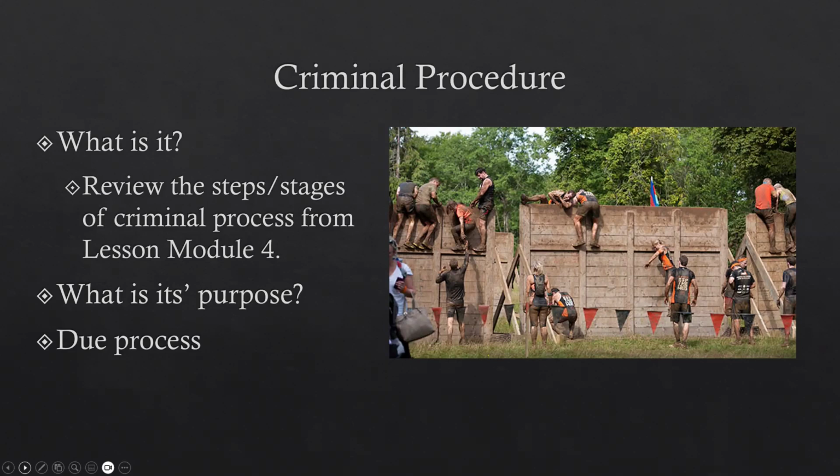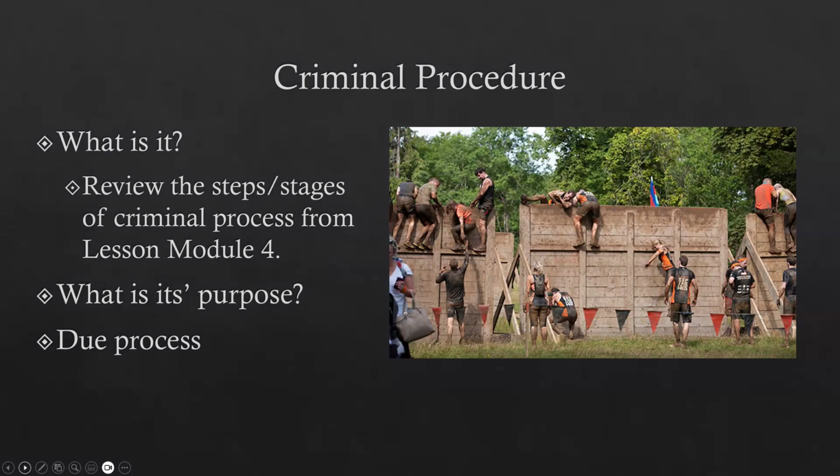If you remember in lesson module 4, you all had to create a timeline of criminal process with the various steps and stages and understand what they were. That's a good thing to review right now, because the rules that we're learning now fit into each of those steps and stages. They're a part of those steps and stages.